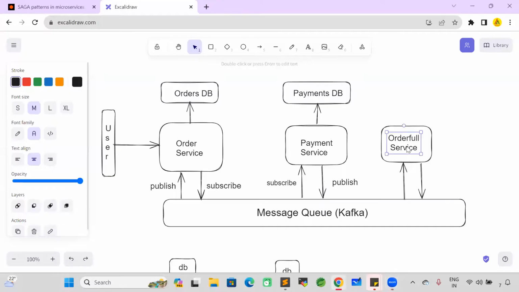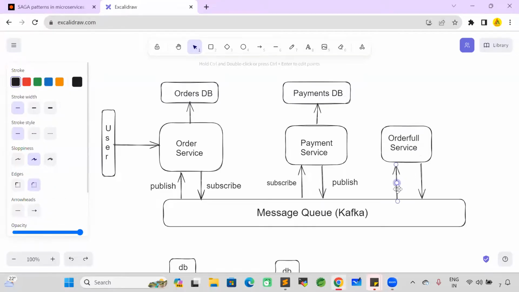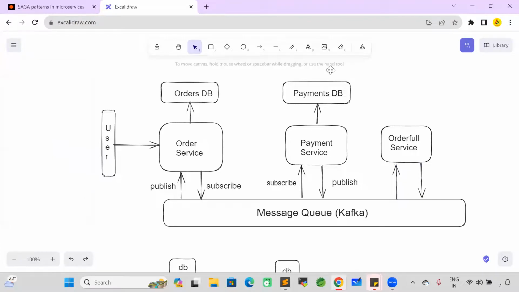Specific scenario means if your services are to be executed independently, and a lot more services are involved in the request processing, for example, order service, payment service, order fulfillment service, inventory service, delivery service, and tracking service.